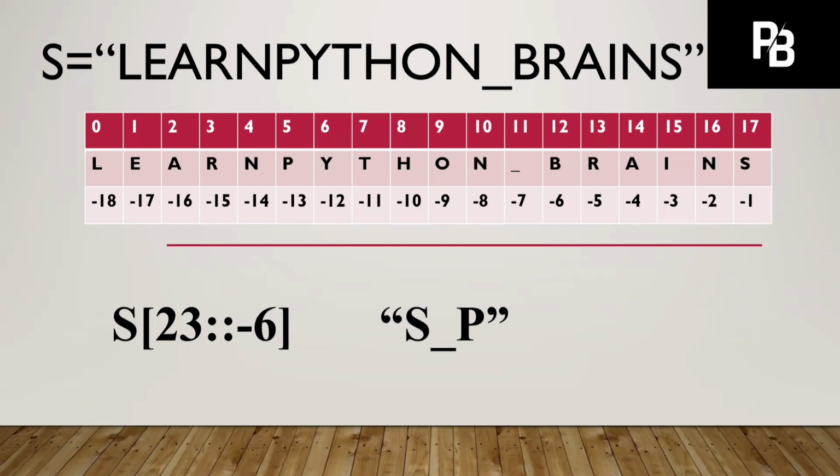So I just want to move in the backward direction, with a gap of 6. So S is there. So 1, 2, 3, 4, 5. Then this is printed. Like that we print our output. According to this condition, the output is S underscore P.